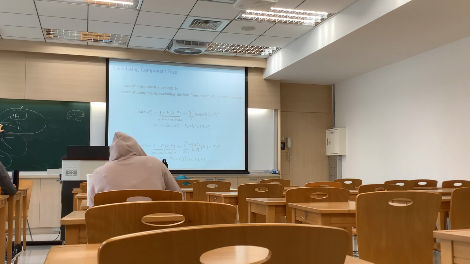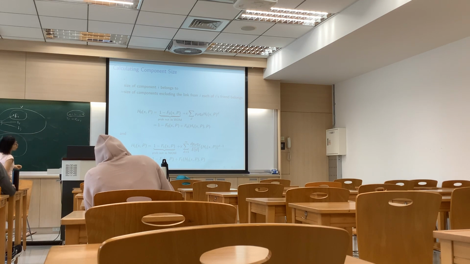What is that? That's 1, which is J, plus D delta minus 1. D delta is the number of friends J has, minus 1 because it's excluding this link. Then for each of J's remaining friends, we add up their remaining component size.